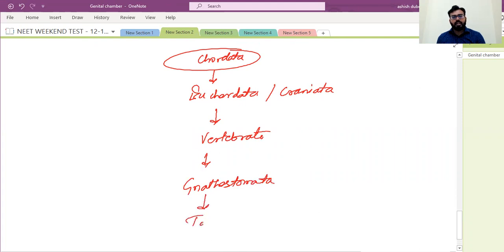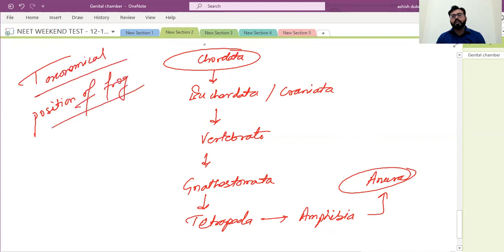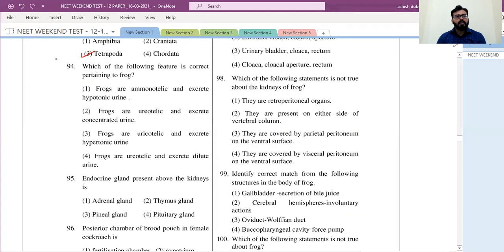In gnathostomata, it is having the tetrapoda superclass, and amphibia class. In amphibia class, it is having Anura order. So this is the taxonomical positioning of frog. Frog and toad are both the same up to this point. So the answer will be third, Tetrapoda superclass.